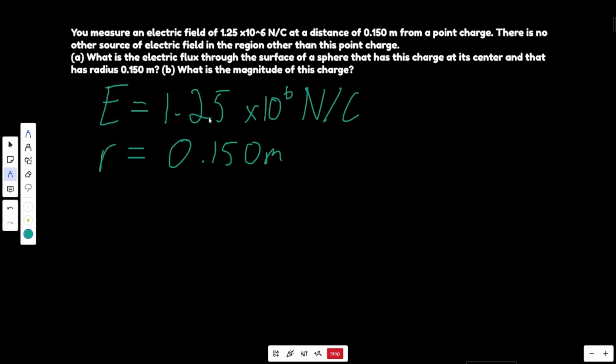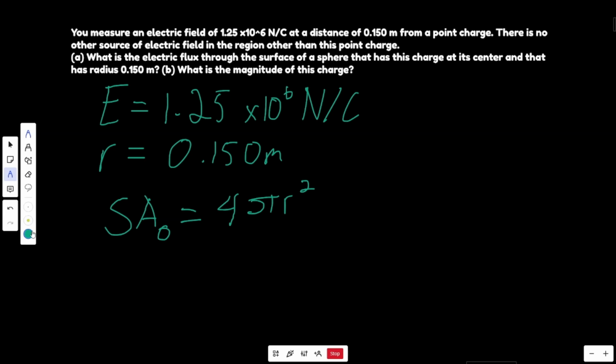So how do we get the electric flux going through the surface of the sphere that has the charge at its center? Now, we just have to analyze the area of a sphere. What is the surface area of a sphere equal to? The surface area of a sphere is equal to 4 pi r squared. Alright, so now we know what the area is, right?